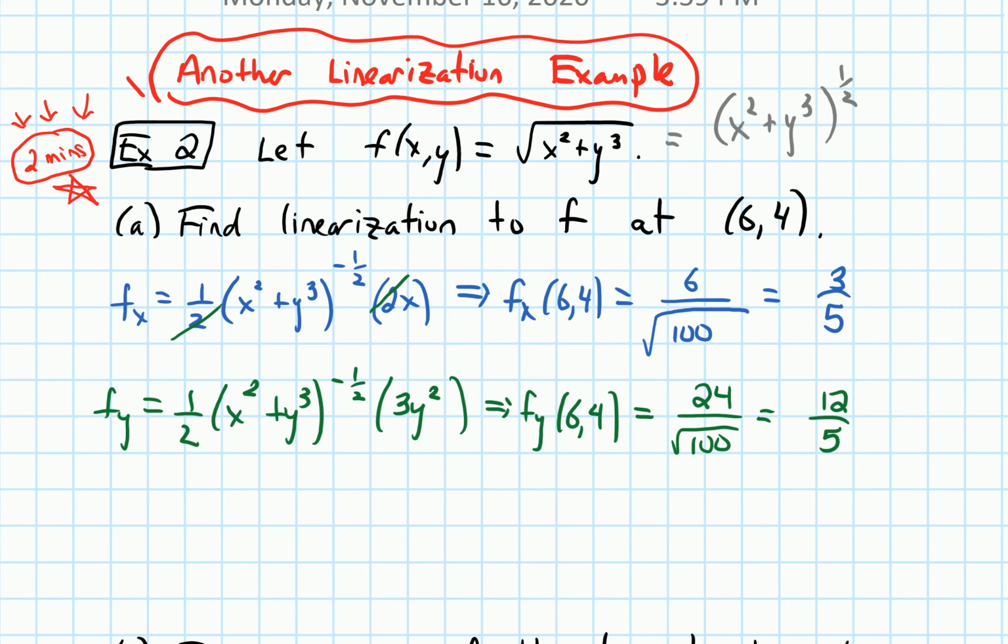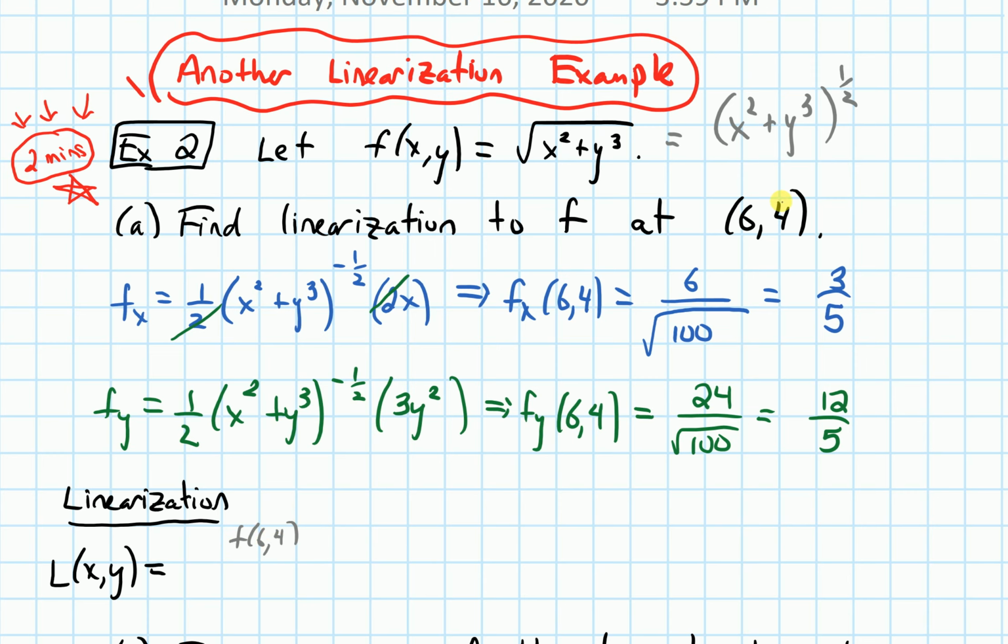At this point, we are ready to write down our linearization, or sometimes we call this linear approximation. I'm going to call this L of x comma y. It's a function of 2 variables. We start off by writing the value of the function at that point. So the very first thing we need to write is f of 6 comma 4.